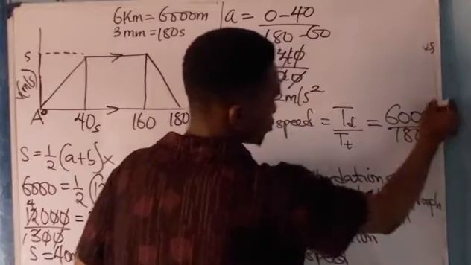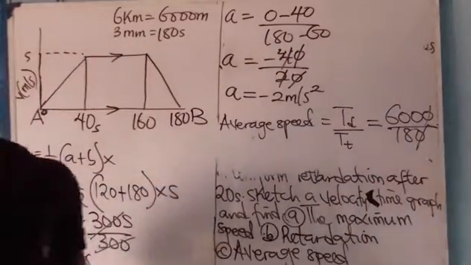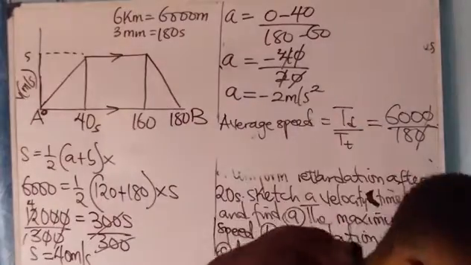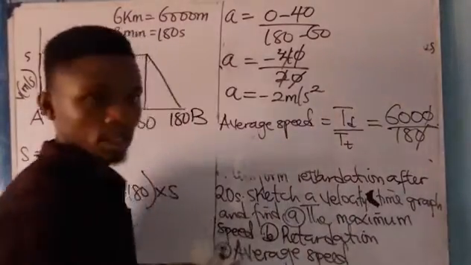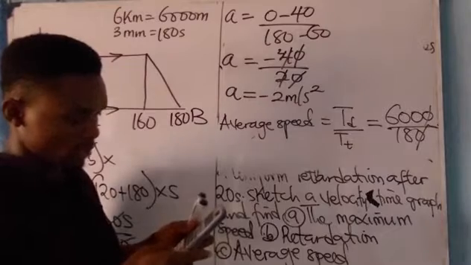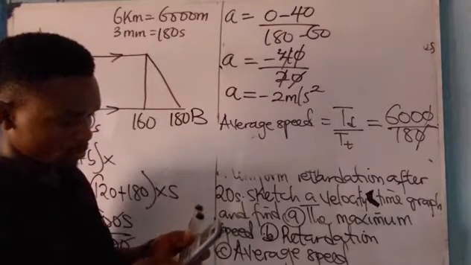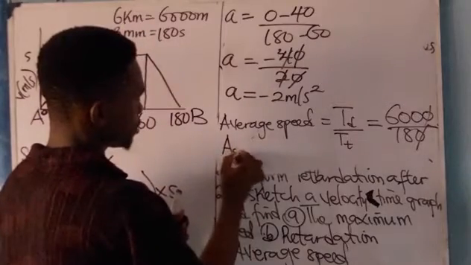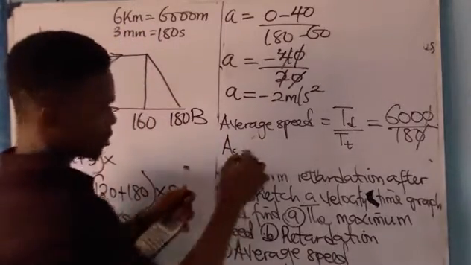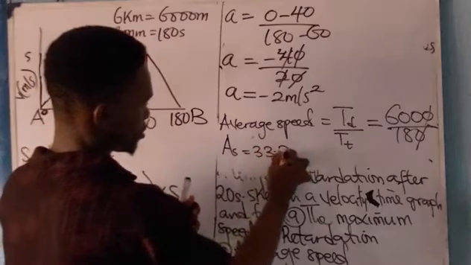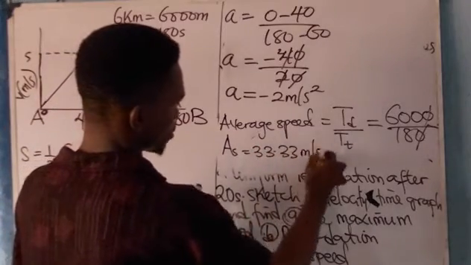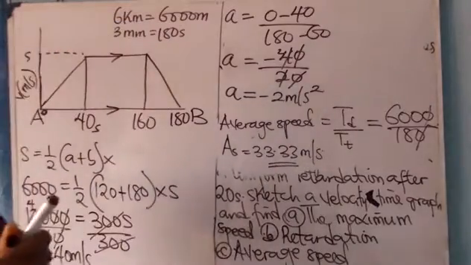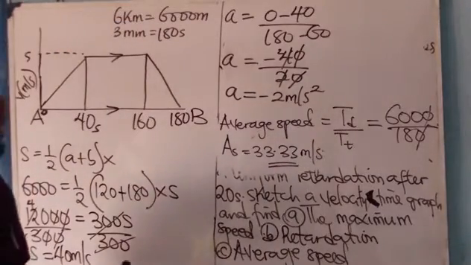So 6,000 divided by 180, or 600 divided by 18. The average speed is equal to 33.33 meters per second. All right, so that is the average speed. Take note of that.